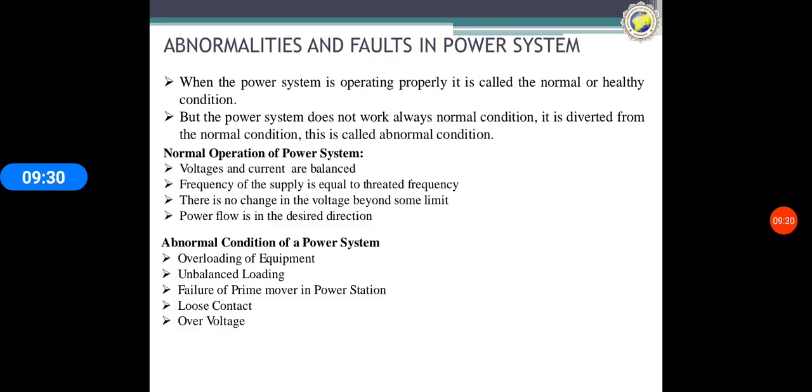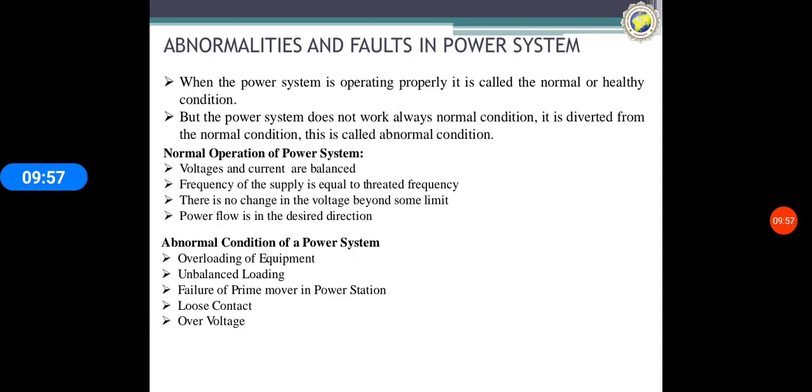The next one is that the frequency of the supply is equal to the rated frequency. It means there is very little change in frequency. In the Indian system 50 hertz is considered, so there is very little change in the rated frequency.